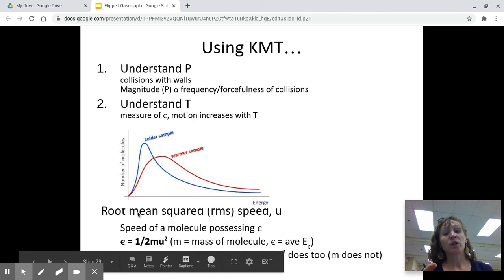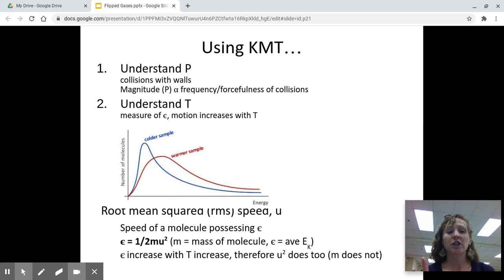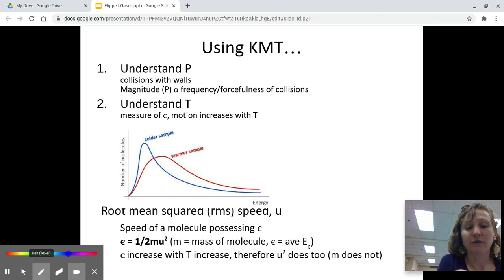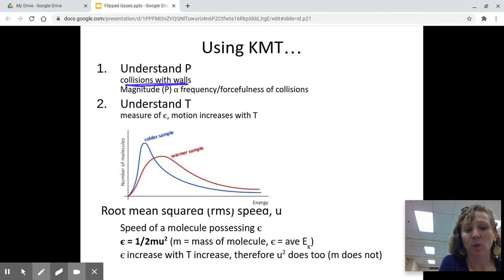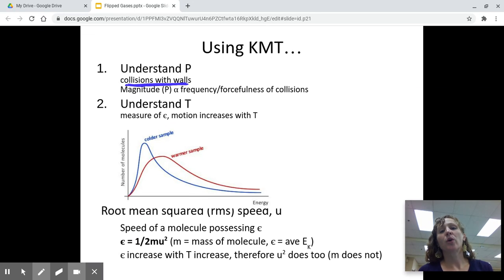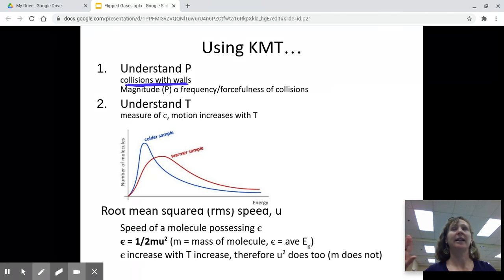All right, so using the kinetic molecular theory, we can help us understand pressure, understand temperature. We can understand pressure by imagining pressure as a force that occurs because the molecules are colliding with the walls. You can think of the gas inside this room as constantly colliding with the walls.